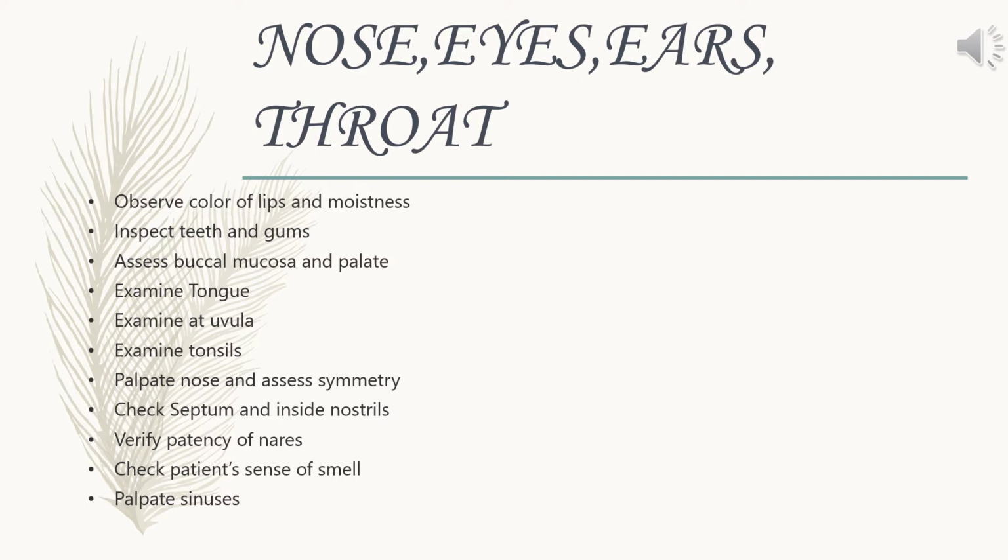Next, examine the uvula, examine tonsils, palpate nose, check septum and inside the nostrils to see is there any type of bleeding over there, and also verify the patency of nostrils and check the patient's sense of smell as well as palpate the sinuses to check is there any type of disorder.